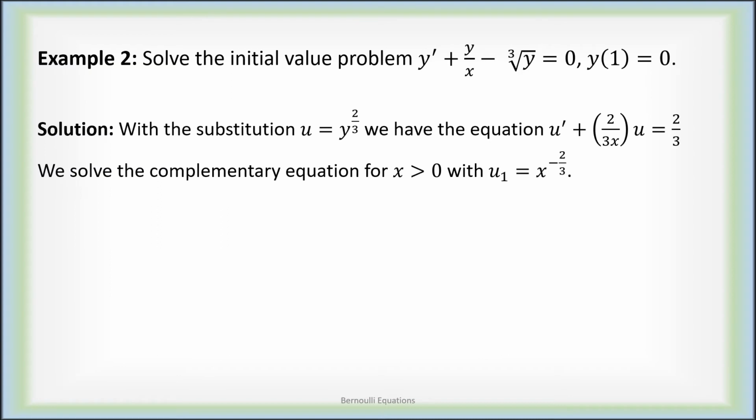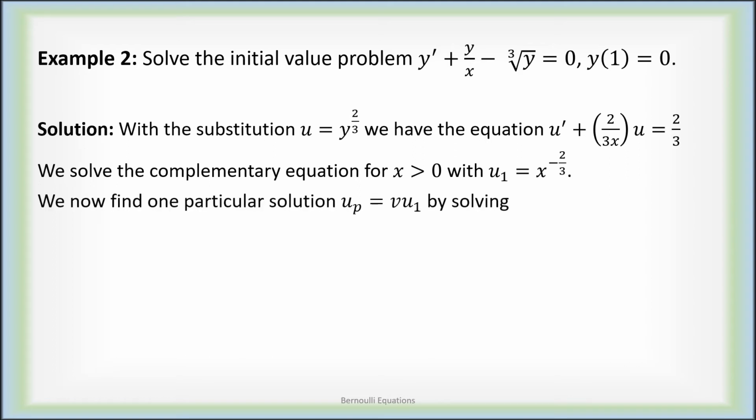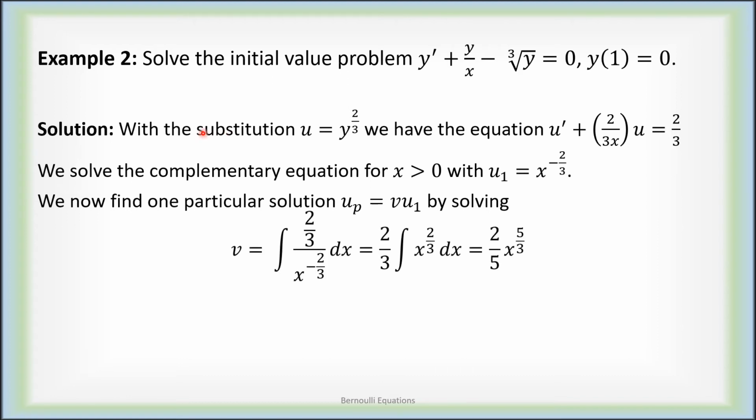All right, so we performed our substitution. We got a new differential equation, and we got a solution to the complementary equation, x to the minus 2/3. Now we need to find a particular solution. u sub p is v u1. By solving, v is the integral of the function of x on the right-hand side, that's 2/3, divided by the solution we found, x to the minus 2/3.